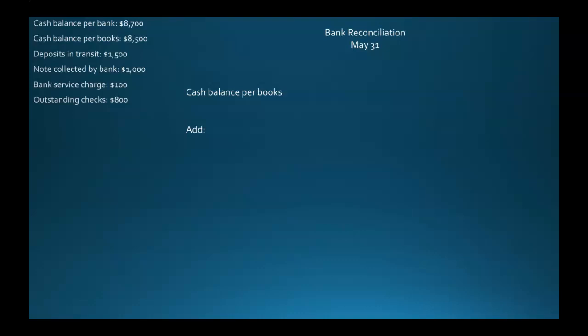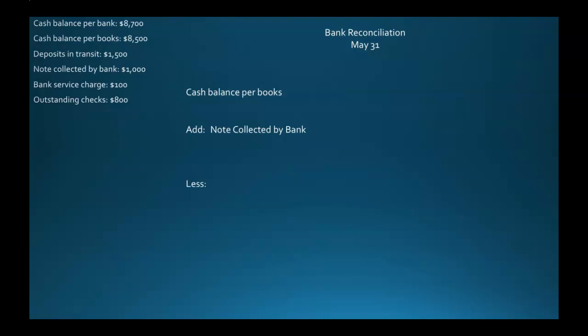Well, a bank service charge is going to decrease the amount of money that you have. So we don't want to put that under add. Instead, we're going to put note collected by the bank. So what that is, you had a notes receivable and the bank acted as the middleman and collected that money for you. You didn't know that that note had been collected yet, and so you have to add that here on your bank reconciliation.